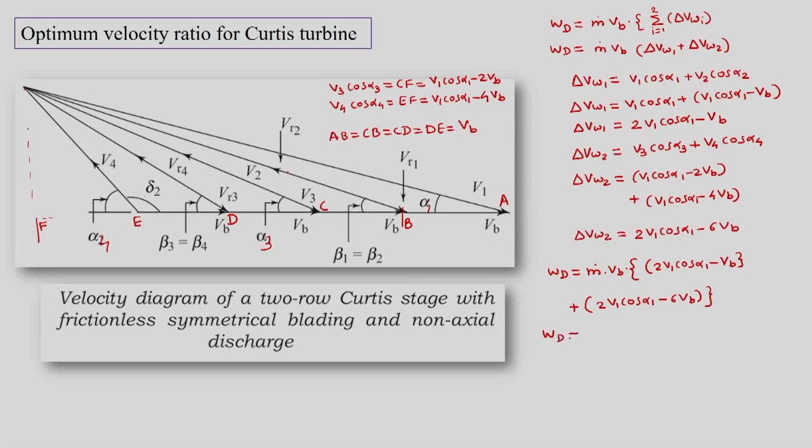So we have Wd is equal to m dot Vb into 4 V1 cos alpha 1 minus 7 Vb.